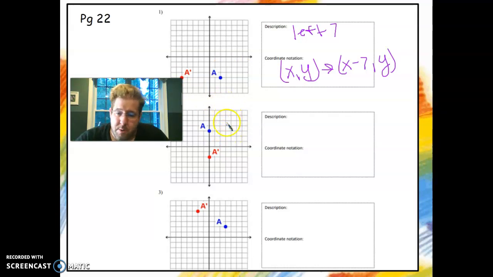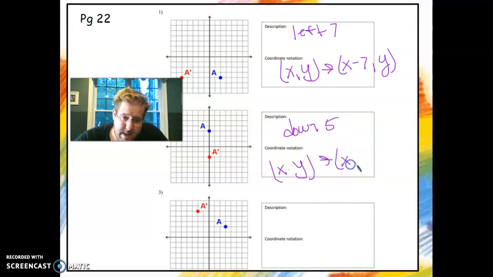It's very important when looking at this that the blue is always the pre-image and red is the final image. You know that because the prime always has the little mark next to it, and that means it's always the end result. So this is the start and this is the finish. It's very important that you get that correctly, otherwise you're going to have the exact opposite for the coordinate notation. So this is moving down 1, 2, 3, 4, 5. So this is down 5, which would be (x, y) turns into (x, y minus 5) because the height decreased by 5.